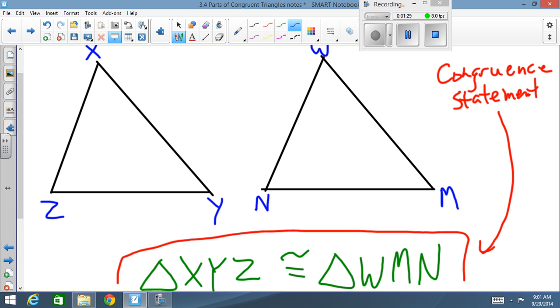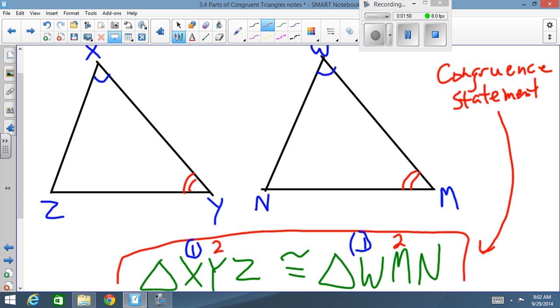For instance, the fact that the letter X is first, and letter W is first, that means X and W are the same size. The fact that Y is in the middle and M is in the middle, Y and M are the same size, same shape.